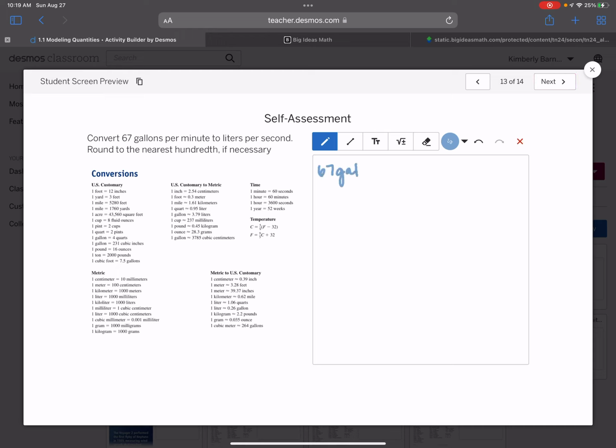67 gallons per minute. Going to liters per second, so minutes to seconds of 1 minute per 60 seconds. And then gallons to liters. I have a conversion from that to that, so 1 gallon is 3.79 liters.